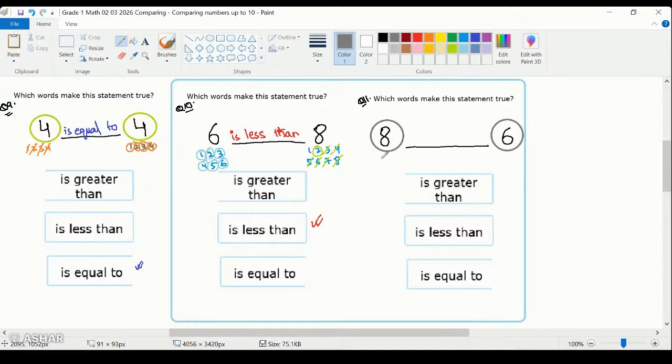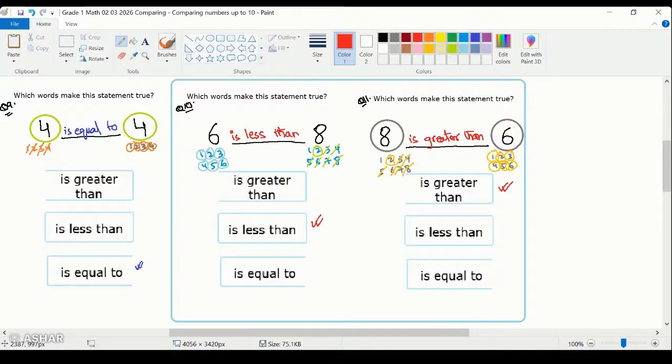That means we know 1, 2, 3, 4, 5, 6, 7, 8. This would be 1, 2, 3, 4, 5, and 6. If there were 6 numbers on this side, we can cancel 6 numbers on this side: 1, 2, 3, 4, 5, and 6. So 8 was more, right? So we can say 8 is greater than 6.